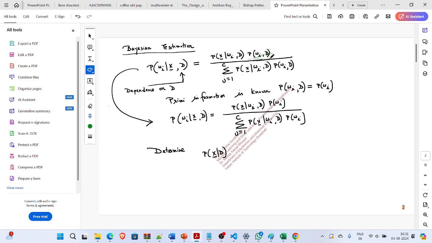So this is called the, let's just underline, the prior. Okay. This is called the likelihood. As you could see, the occurrence of x given the parameters. Here the parameters are actually the variable.